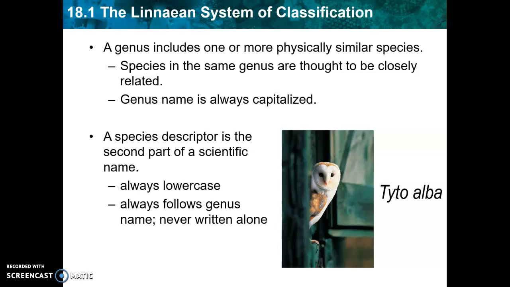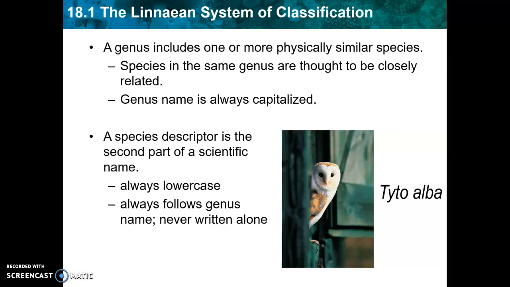And to think about that and why that's important, let's look at the barn owl example that's given on this screen. This is a barn owl. It belongs to genus Tyto, T-Y-T-O. We know that because Tyto is the first word of its scientific name. The second word of its scientific name, alba, alba means white, and it probably comes from the fact that we see the white face on the barn owl.